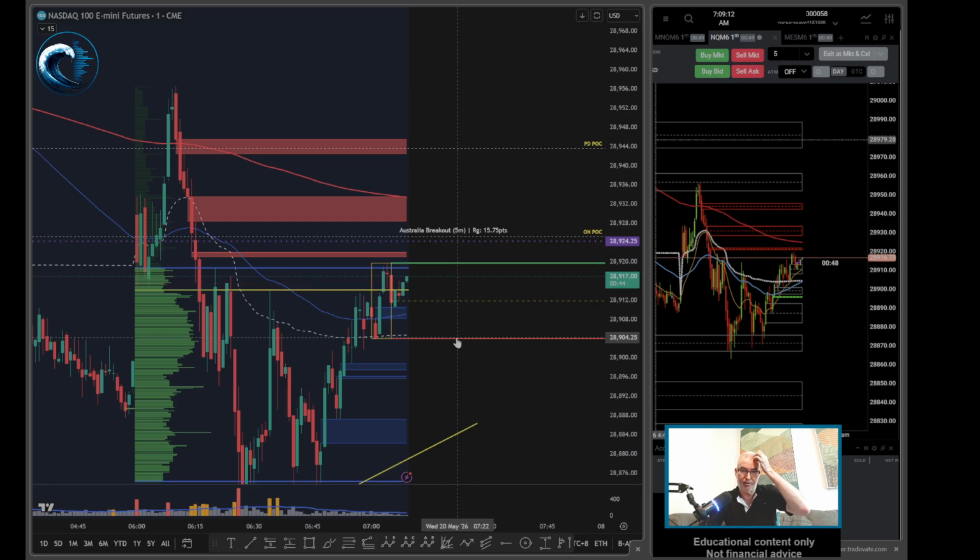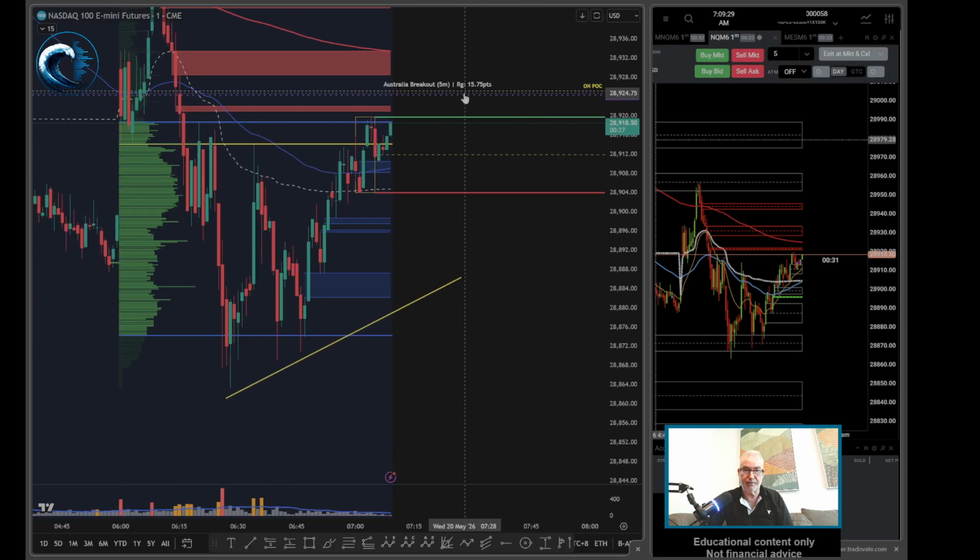This is why it's important not to have too strong a bias either way. Whilst I think it's going up here, even this next move could just be looking for here and then come down, which is very possible.